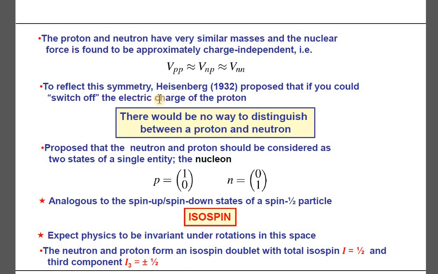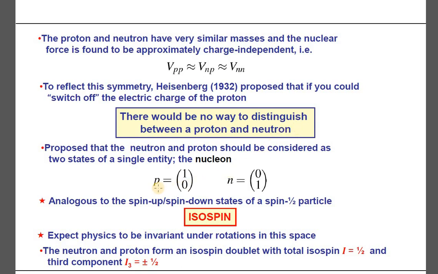And to reflect this symmetry, Heisenberg in 1932 proposed that if you could switch off the electric charge of the proton, then there will be no way to distinguish between a proton and a neutron. And thus we have the nucleon, which has 2 states, proton and a neutron.